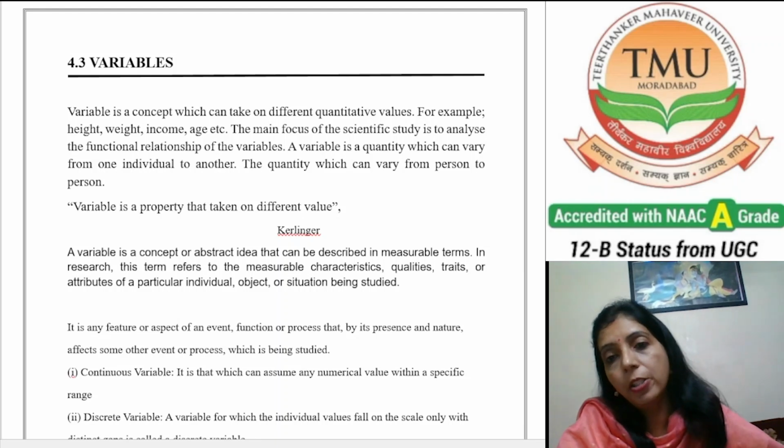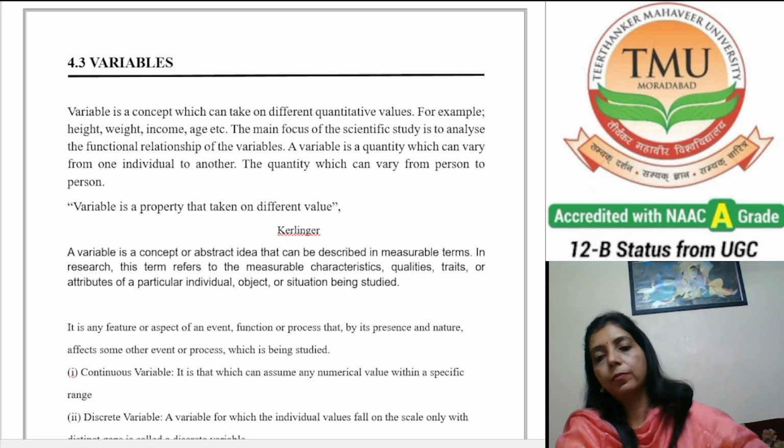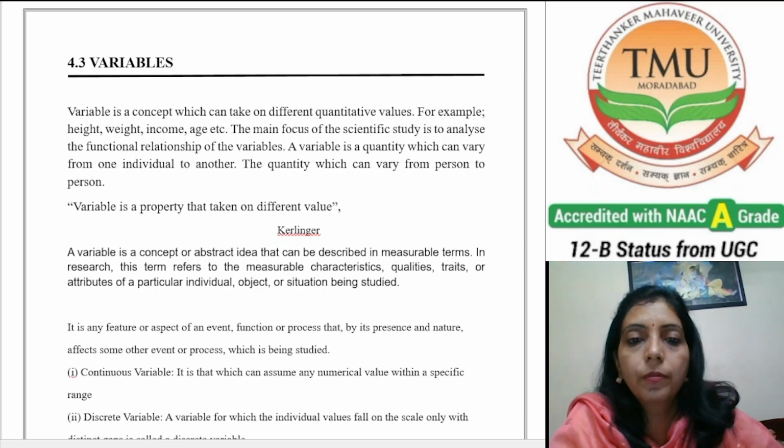Obviously, it will be gender. Dependent variable: score on a professional attitude inventory.